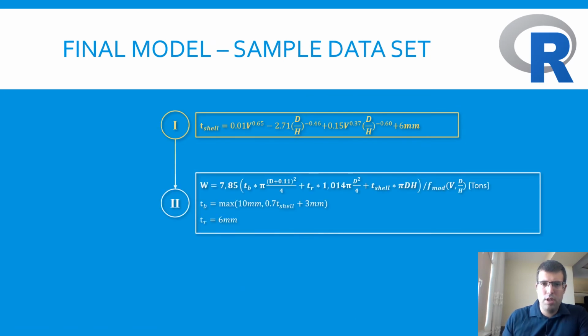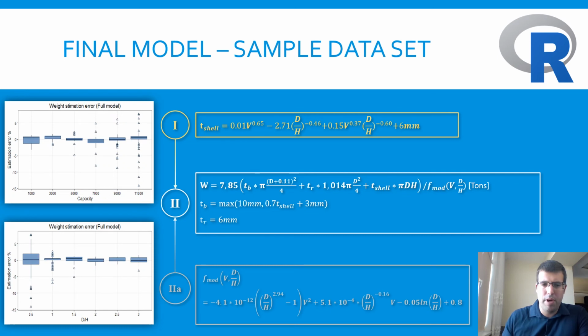So here we come to a final model that was built using the data collected as output and running it through R, statistical data analysis software. The main function here is the one for determining the average thickness, so the height weighted average thickness of the tank shell.